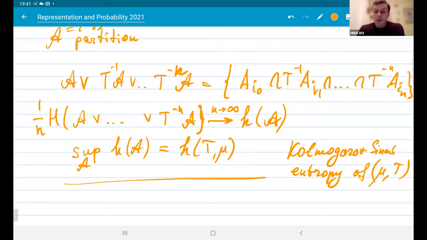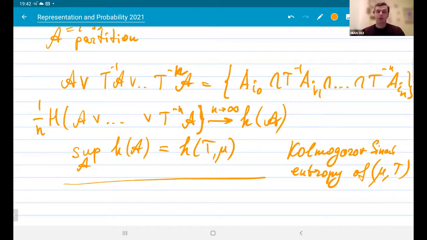This is a definition. It is a well-known, heavily studied notion in the theory of dynamical systems, and in particular, it is known that in most cases this last supremum is not needed. You can just take A more or less arbitrarily.